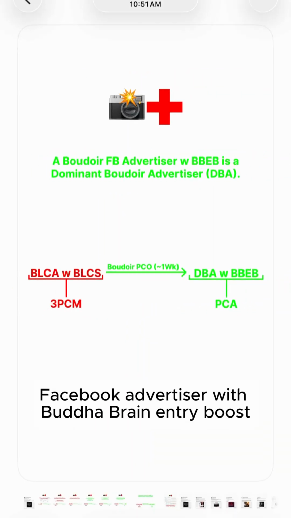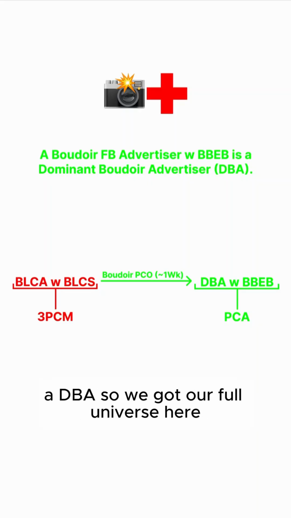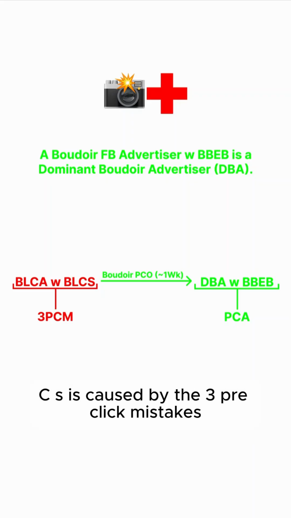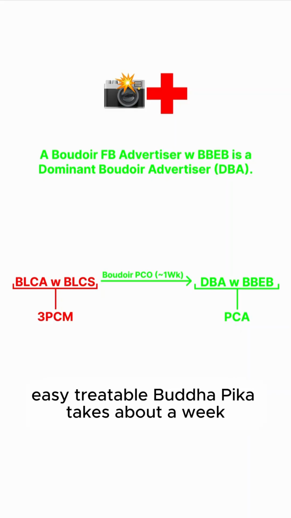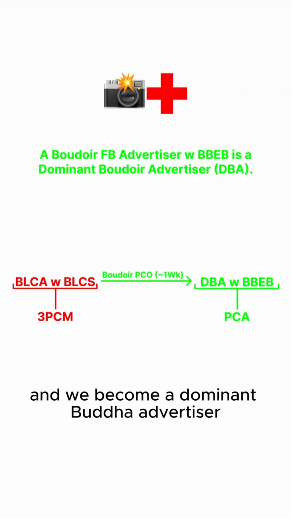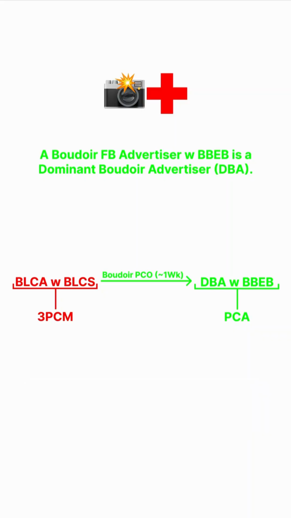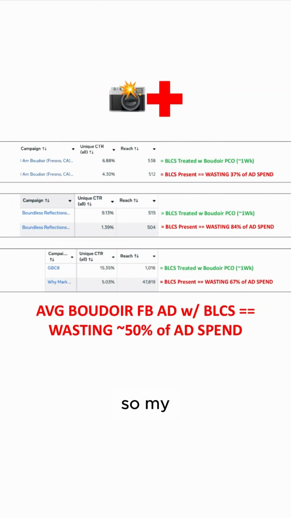And a Boudoir Facebook advertiser with Boudoir brain entry boost is a dominant Boudoir advertiser, a DBA. So we've got our full universe here. A BLCA with BLCS is caused by the 3 pre-click mistakes. It's easy: treated with Boudoir Pico, takes about a week. Achieve pre-click alignment and we become a dominant Boudoir advertiser with Boudoir brain entry boost. That is this universe.